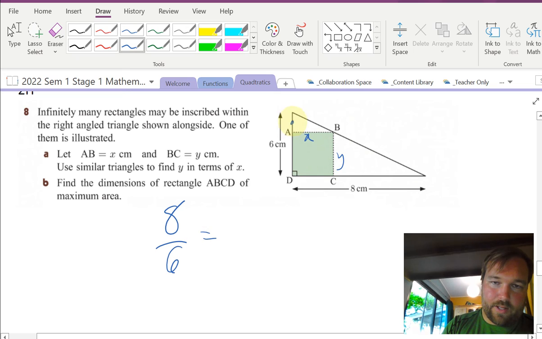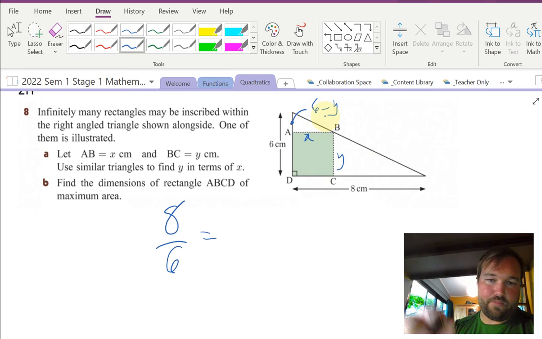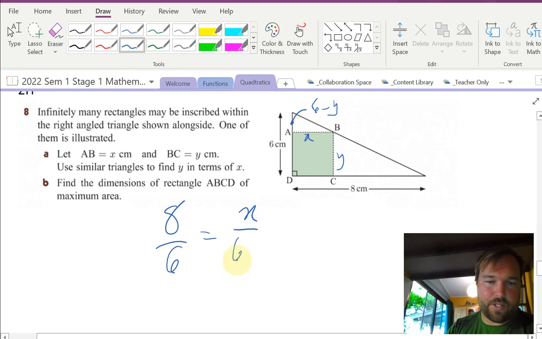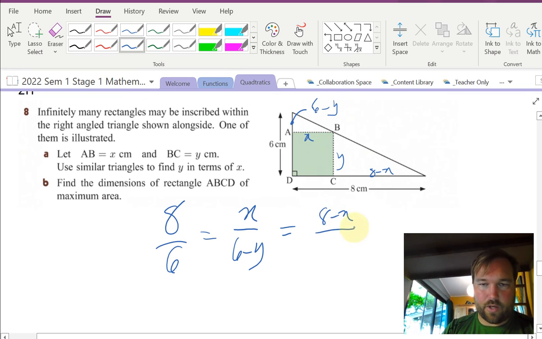I'm going to call this one here 6 take y. So, top divided by bottom. It actually doesn't matter which way around you've done this. x on 6 take y equals, this would then be 8 take x, 8 take x on y.